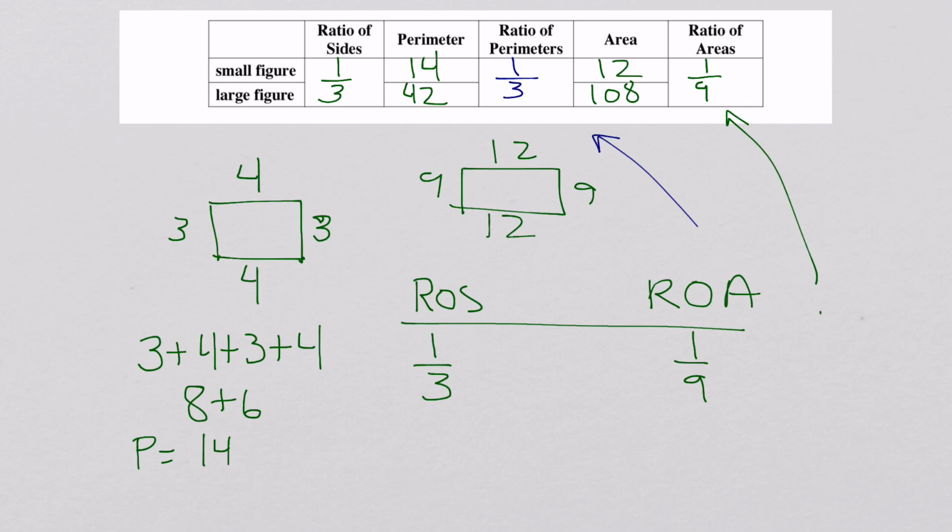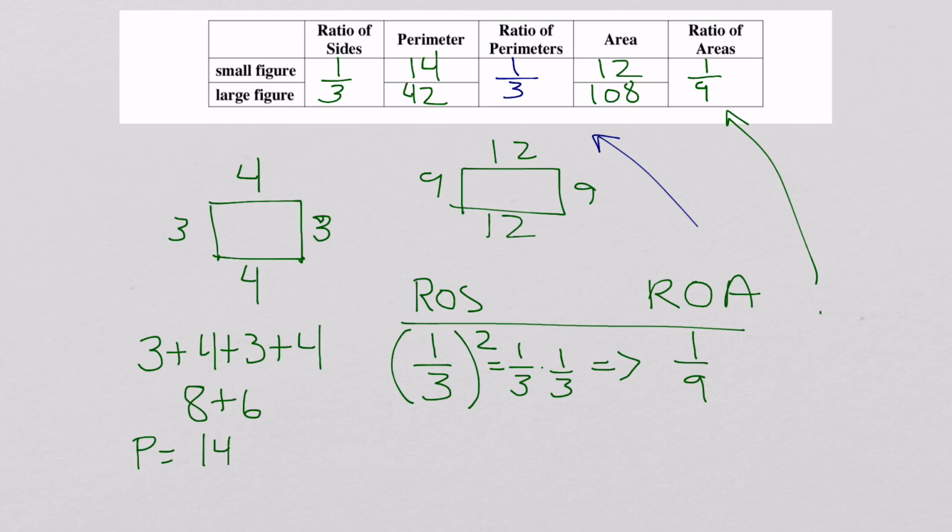The reason for that is if we square this, we get 1/3 times 1/3, which equals 1/9. That makes sense. So the ratio of sides and ratio of areas are related, okay? The ratio of sides is R, the ratio of areas is R squared.